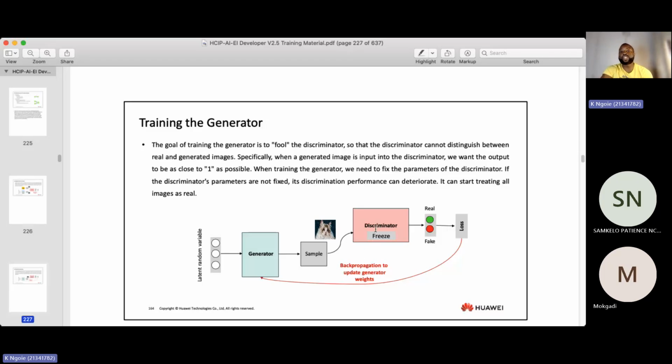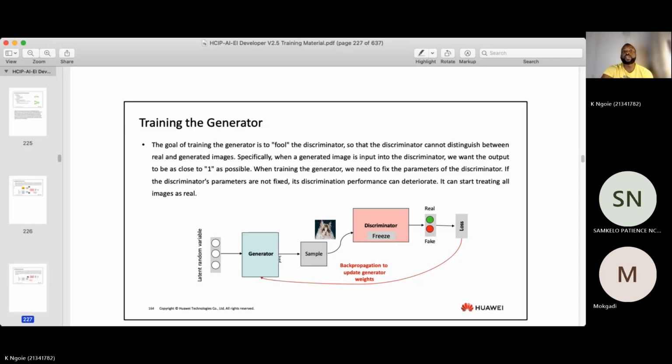This will train the generator to produce images that make that prediction real, so it keeps producing real even if the images are fake. Then we use the backpropagation algorithm. We compute gradients through the discriminator, but only update the generator's parameters.